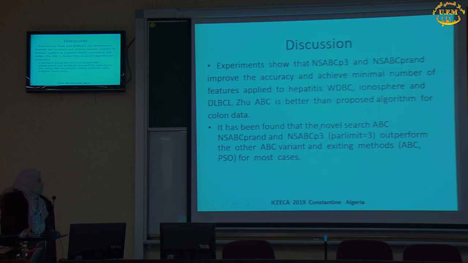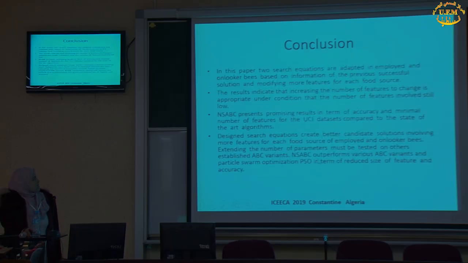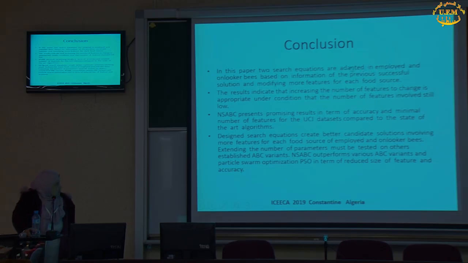The two variants of novel search artificial bee colony outperform the other variants of ABC and distinct methods. In this work, we can claim that this algorithm gives promising results.